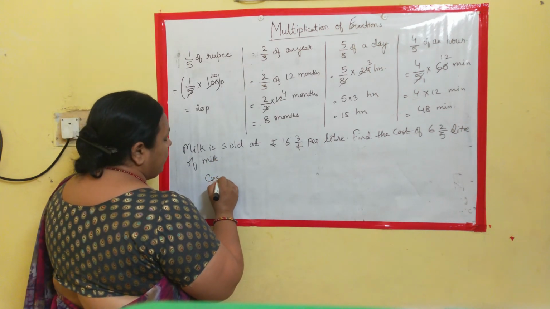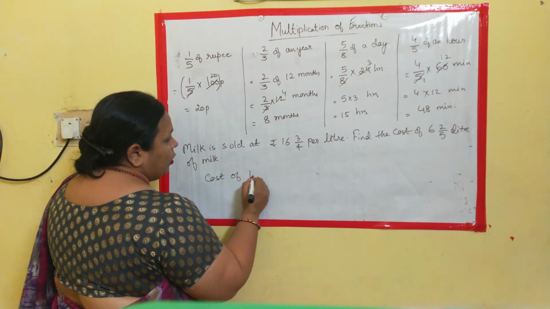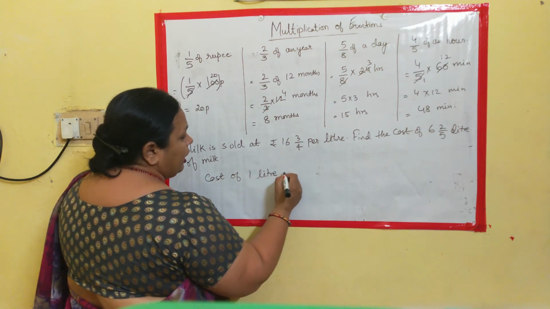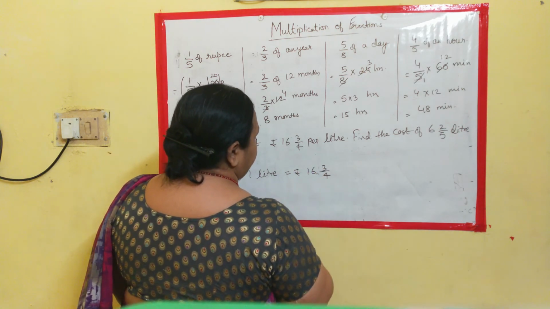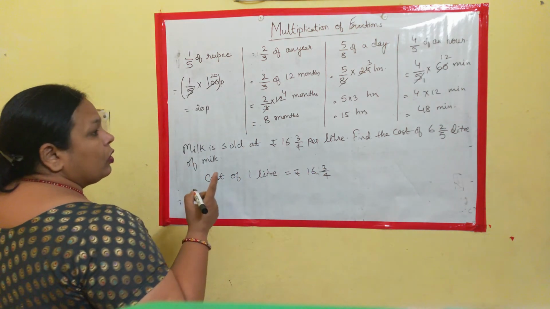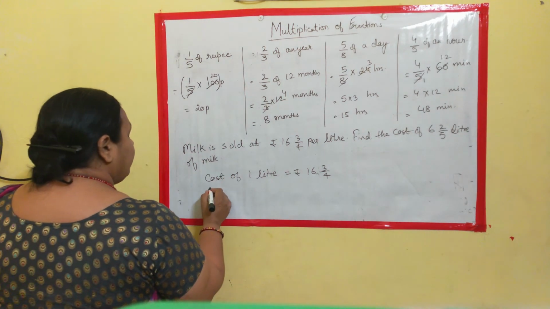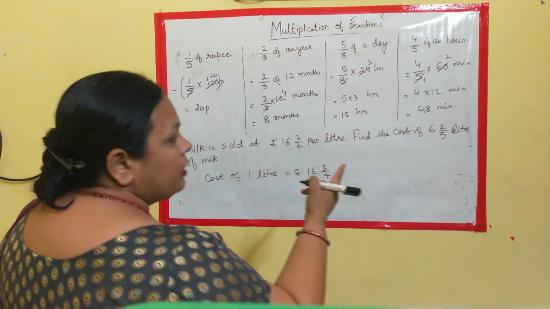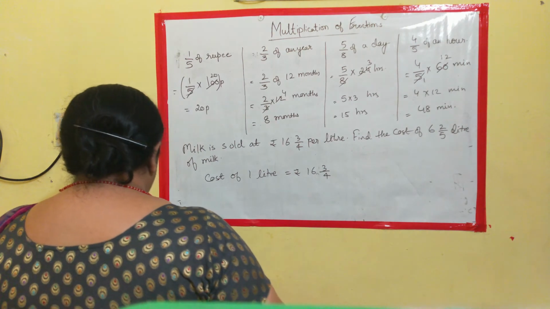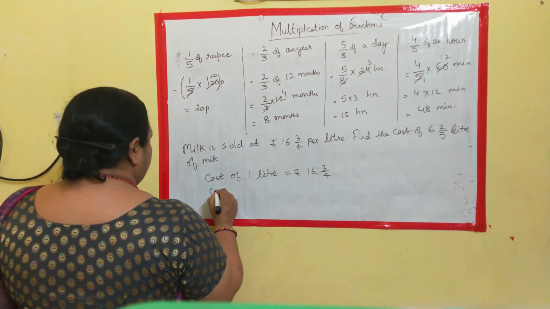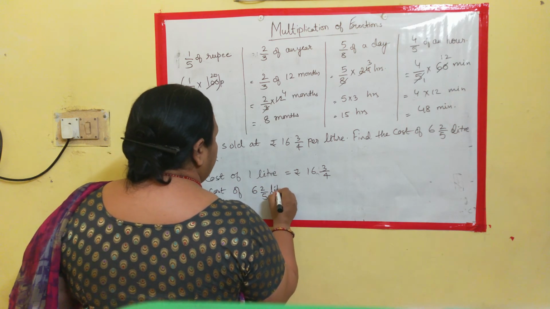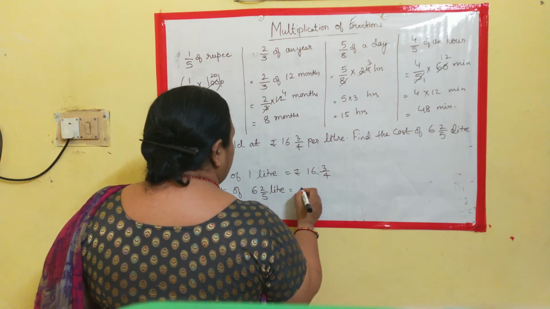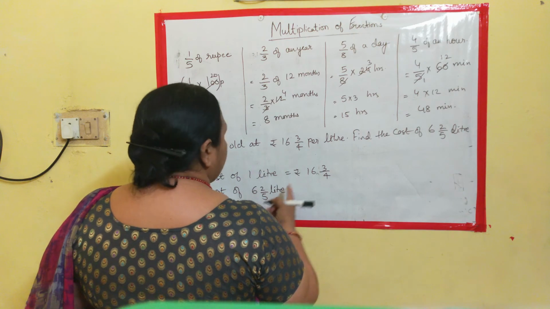The statement will be: cost of 1 liter is rupees 16 3 by 4. Clear? Now, the total quantity of milk taken is 6 2 by 5. Cost of 6 2 by 5 liters is equal to, what will be the cost of this?